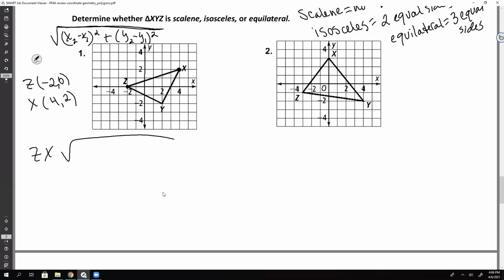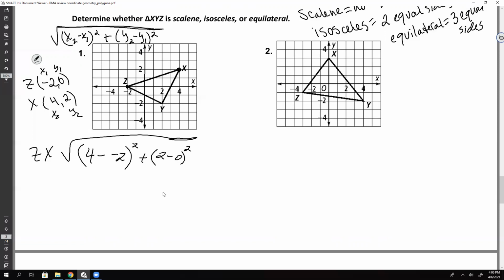So I'm going to call z x1, y1, and x is going to be my x2, y2. So I'll plug in x2, which is 4, minus x1, which is -2. And yes, you have to have the minus and negative, squared, plus y2 minus y1, so 2 minus 0 squared.